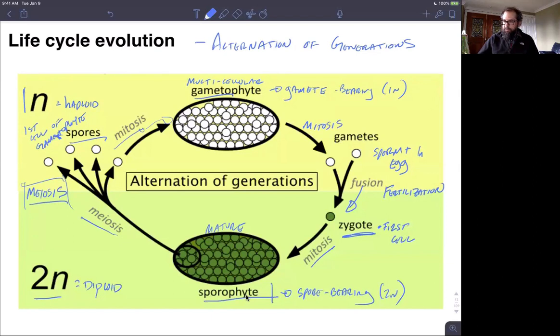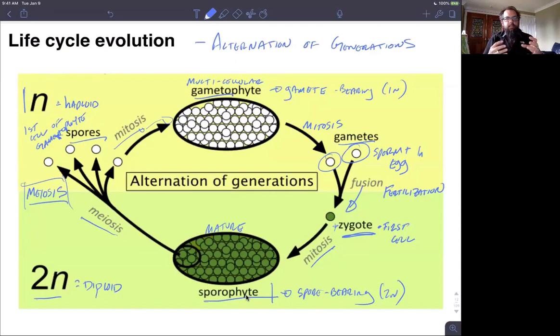And so mitosis occurs to produce our gametes, our sperm and our egg. And then those fuse together and fertilization happens, and we move to the zygote, moving through this alternation of generations. And so in plants, we're actually alternating between a haploid part of the life cycle and a diploid part of the life cycle.